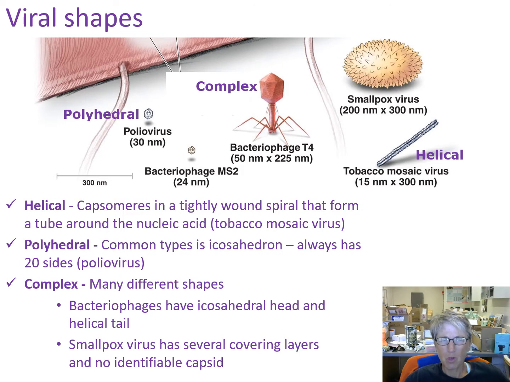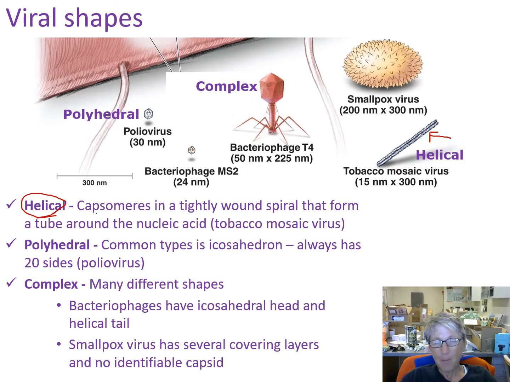How about some shapes of viruses? First shape we'll look at is helical. So remember, there's like the double helix, or a helical staircase goes around and around and around. An example of that would be the tobacco mosaic virus. That's a helical virus.